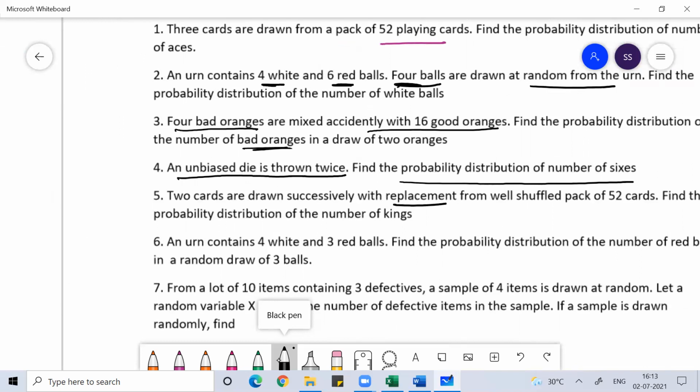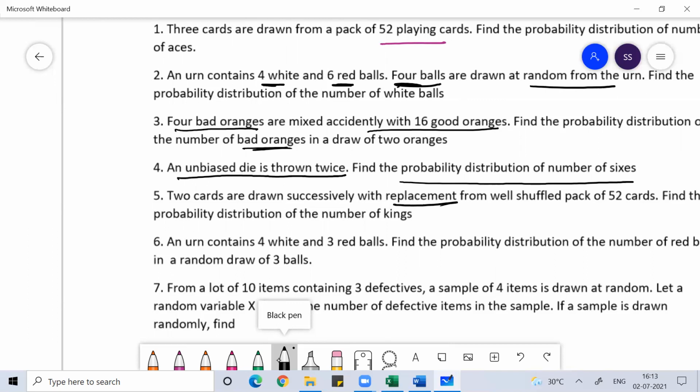This is with replacement. Normally, whenever we talk about probability, we talk about a random experiment without replacement.